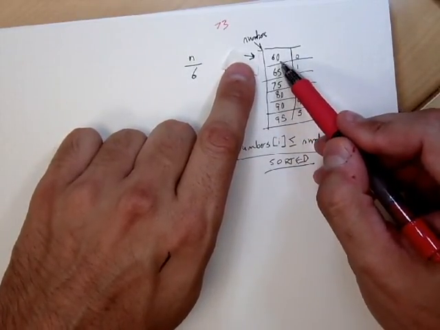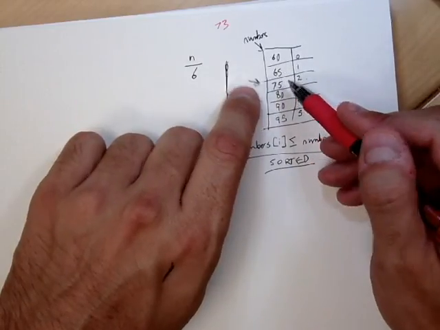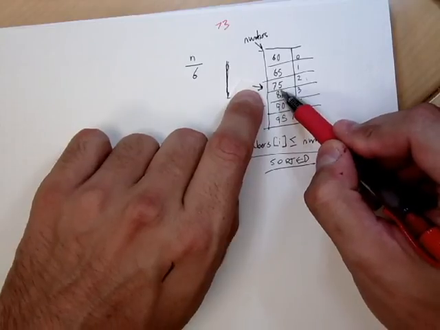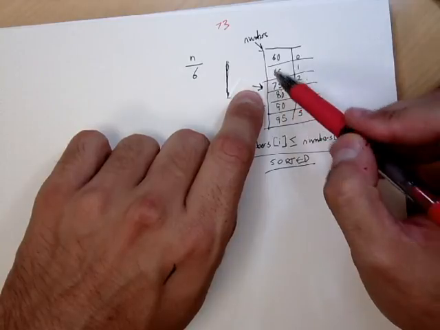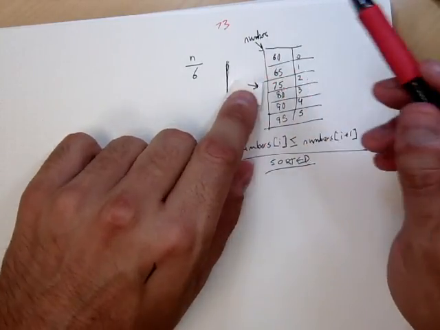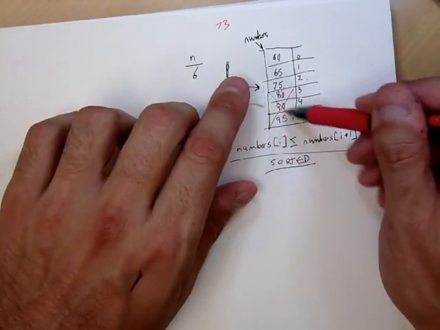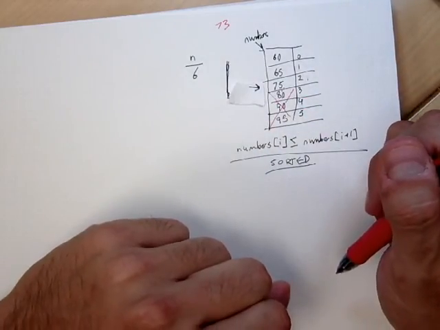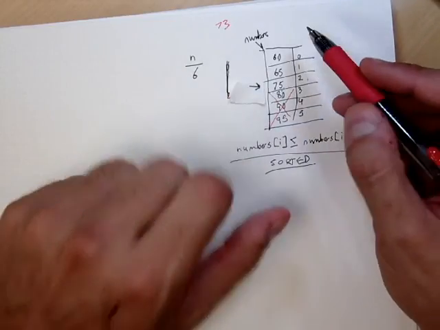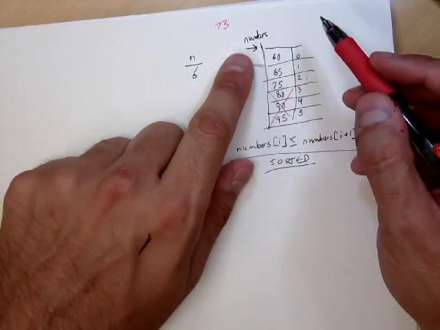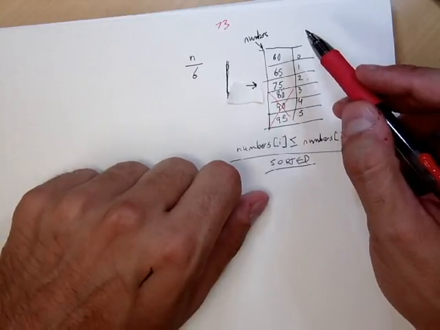Well, 60 doesn't equal 73, so I go down here to 65. 65 doesn't equal 73, and now I see 75. And 75 is bigger than 73. So if I ever encounter a number that's bigger than 73, I can stop and say, nope, it's not in the array. So that means that I don't ever have to look at any of those values if I know that the array is sorted. So in some situations, when you know something about your array, like the fact that it's sorted, you can have an algorithm which is sometimes faster.